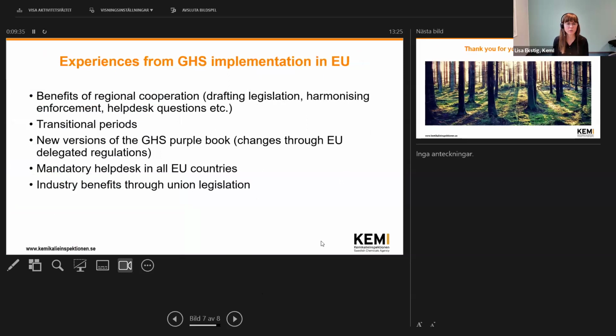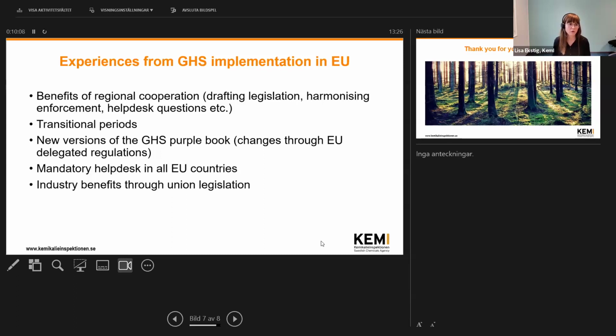If we cooperate in drafting legislation and harmonizing enforcement, we have ongoing projects within the EU between the member states to harmonize enforcement of the GHS or CLP as it is in the EU. And we also cooperate a lot when it comes to help desk questions that are tricky. We interpret them together. So there are a lot of benefits with regional cooperation, we think.